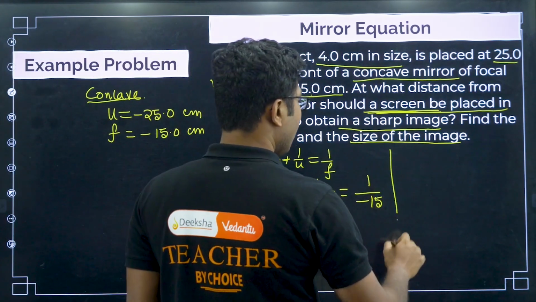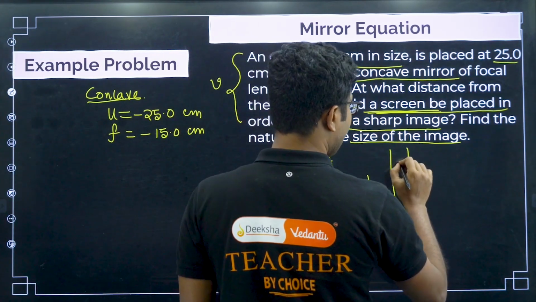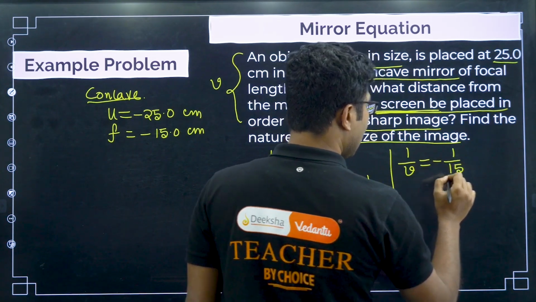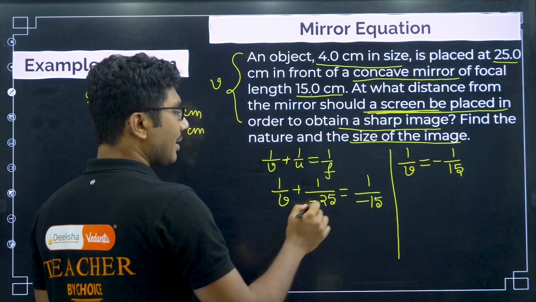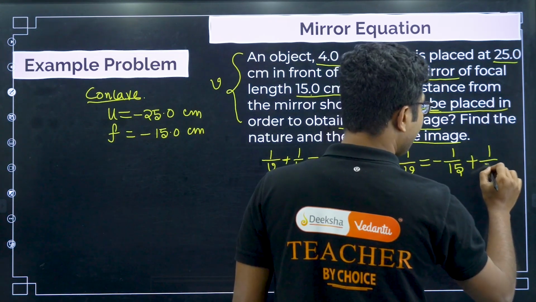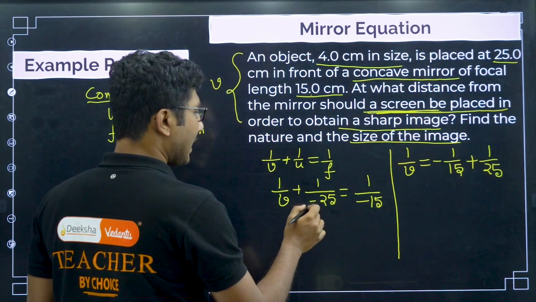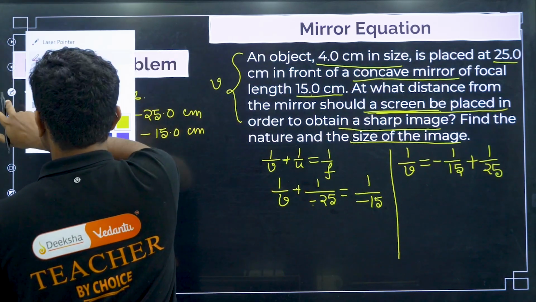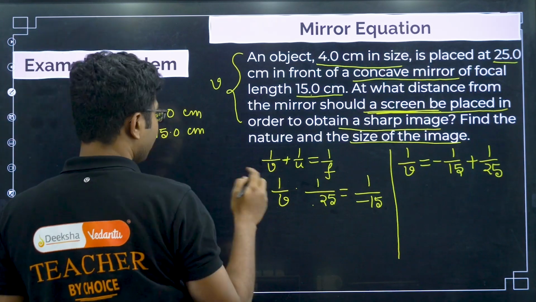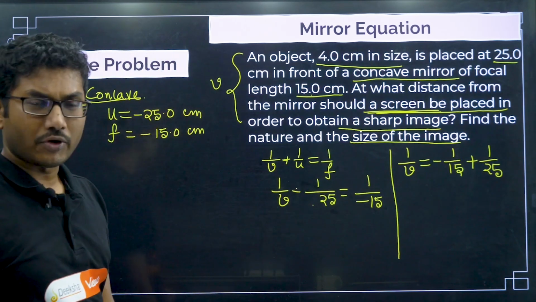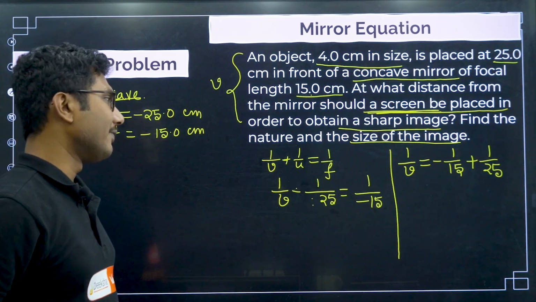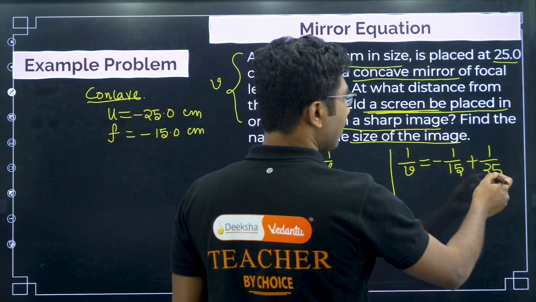Now we have to find V. So 1 by V equals minus 1 by 15, and this was minus 1 by 25, so once you take it to the other side, it will become plus 1 by 25. So this is minus, this is plus. If you multiply these two signs, you will get a negative sign here. This negative sign is not coming from the formula, but from the fact that 25 is negative. Now if you take it to the other side, it will become positive.